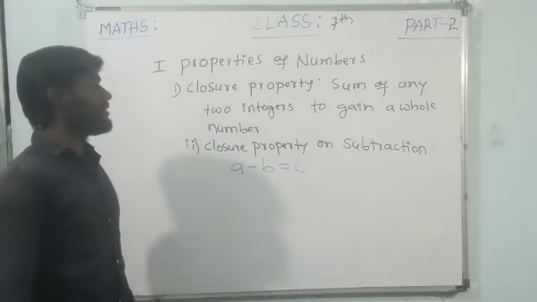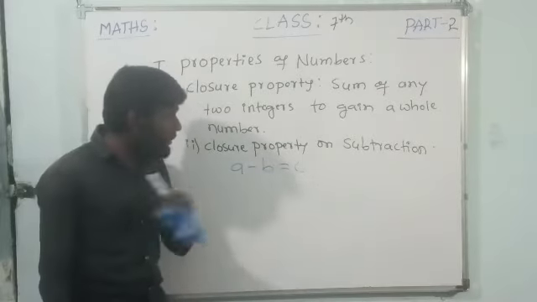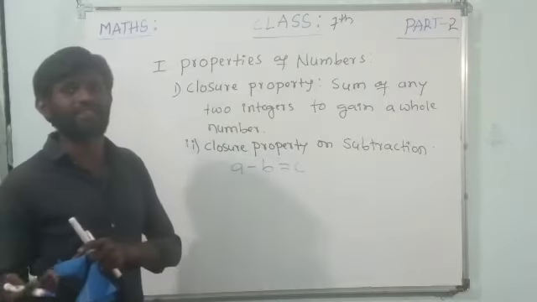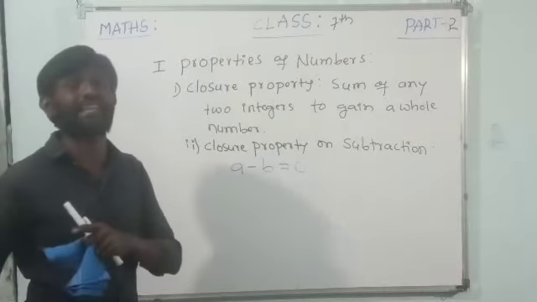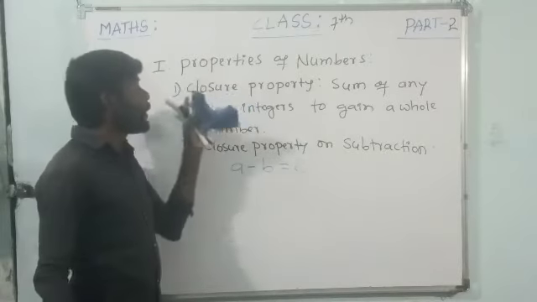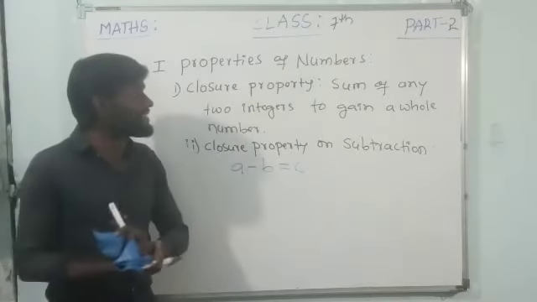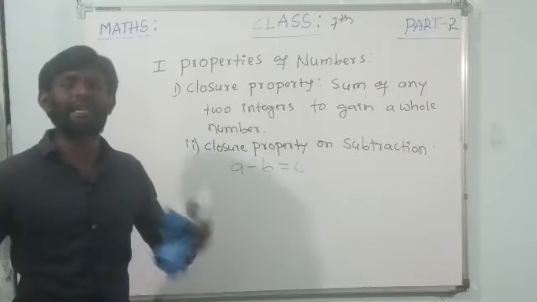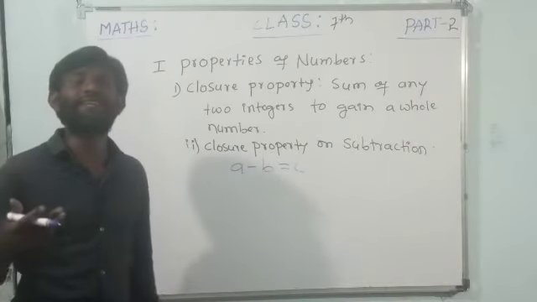You may ask now, sir, here in closure property on subtraction, is there any chance to get negative integers? There is no chance to get negative integers. Definition: closure property suggests that the sum of any two integers, it may be positive or it may be negative, is a whole number.